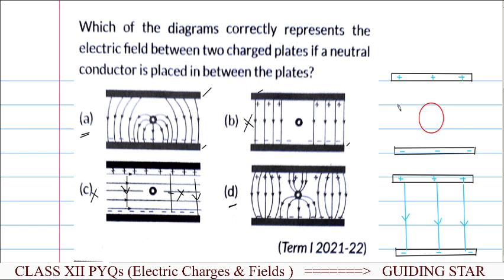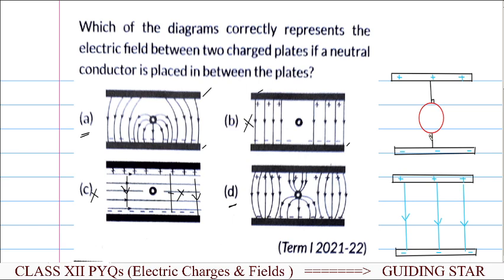For example, if we try to draw a field line from here, this will enter perpendicularly. Clear? It will enter and make a 90-degree angle. Similarly, it will exit perpendicularly.